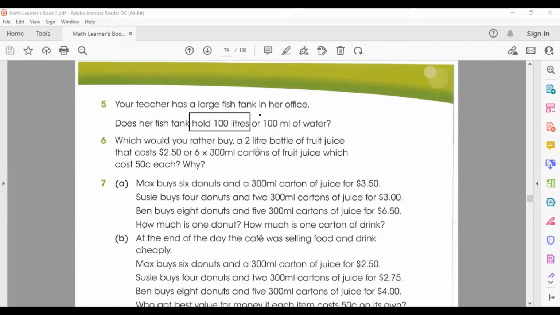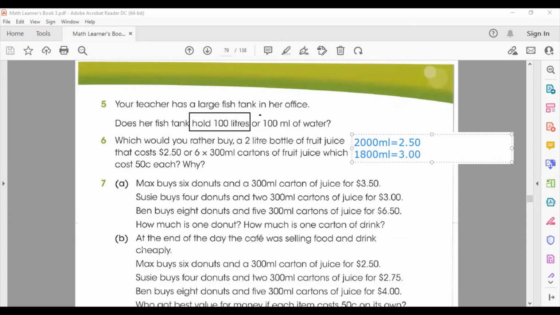The first one, 2 liters, means 2000 milliliters, the cost for 2000 milliliters is $2.50. And the second, 6 multiplied by 300 is 1800 milliliters, the cost is 50 cents each, 50 multiplied by 6, $3.